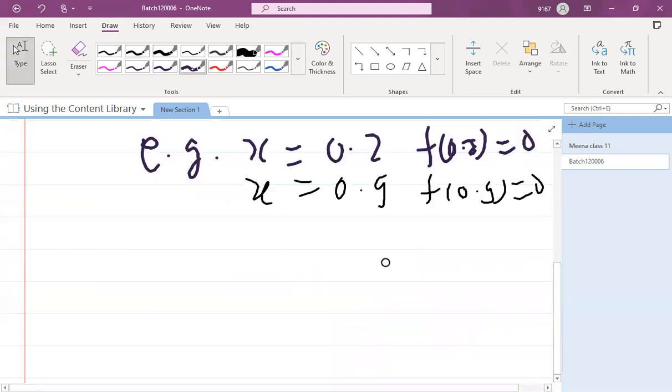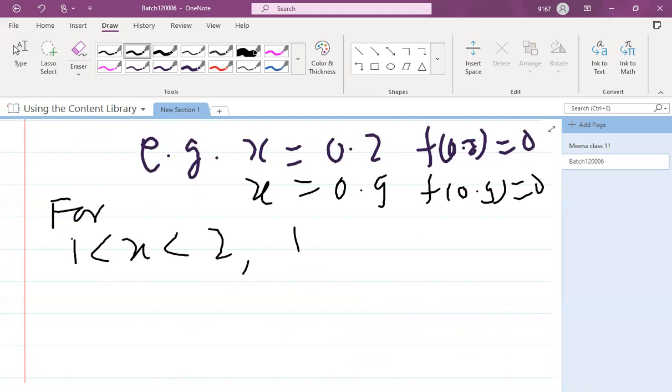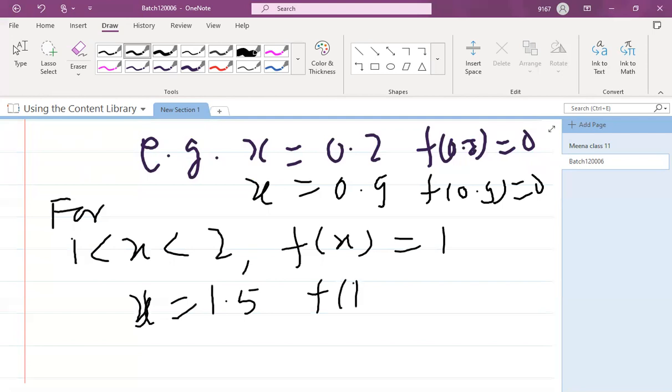And if we take any values between 1 and 2, the value of the function is always 1. If we take x equals 1.5, then f(1.5) is 1.